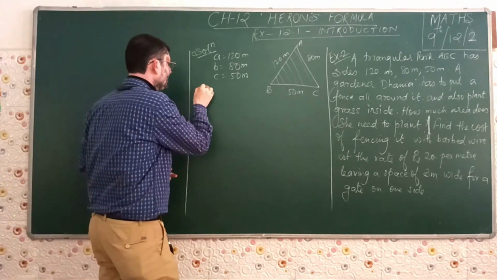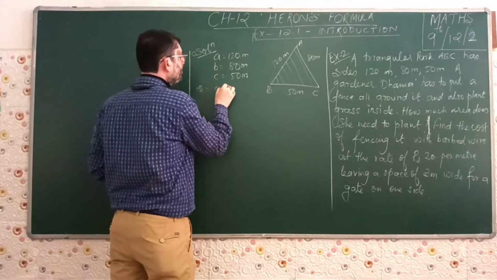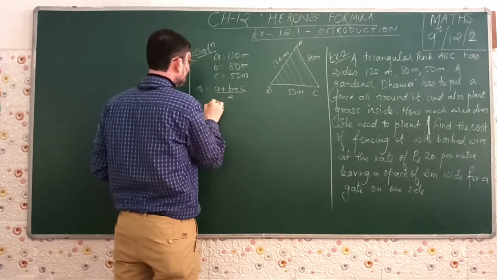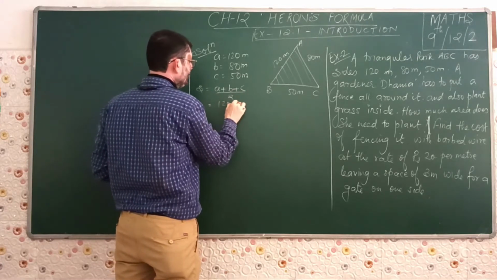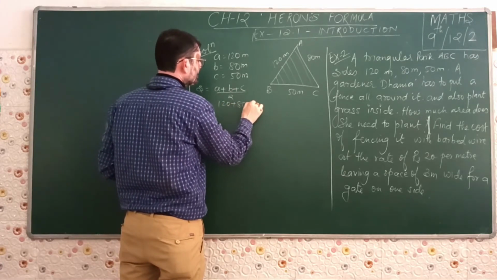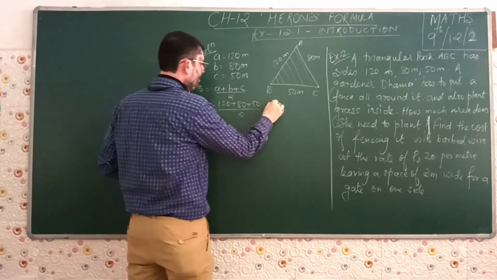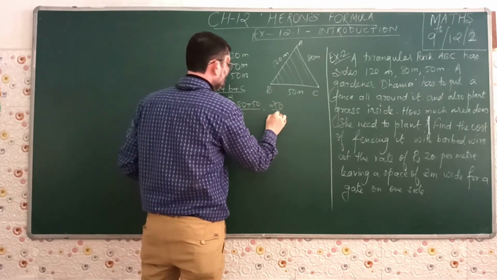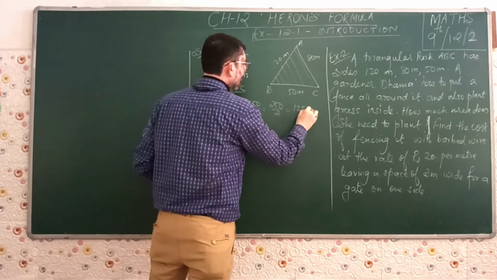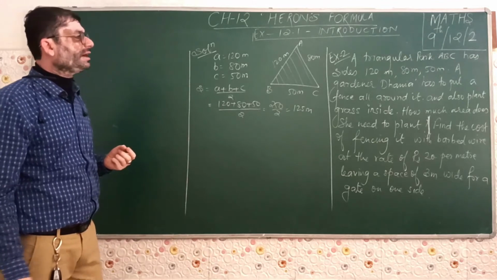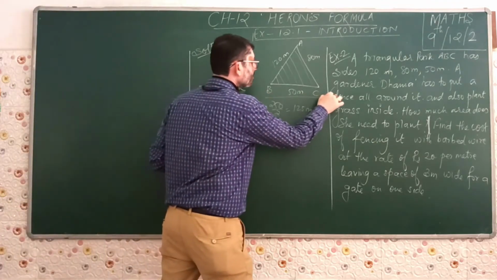So S is equal to A plus B plus C whole divided by 2. So this is 120 plus 80 plus 50 whole divided by 2. This is 250 by 2 and that is 125 meters. So semi-perimeter is 125 meters.